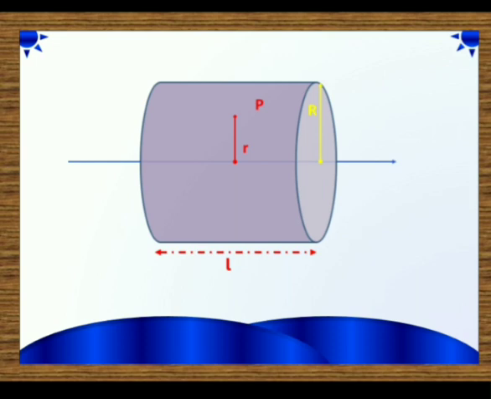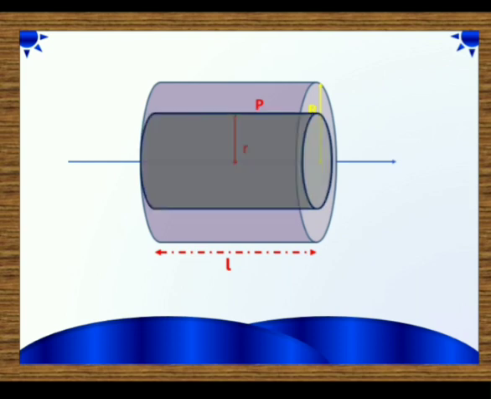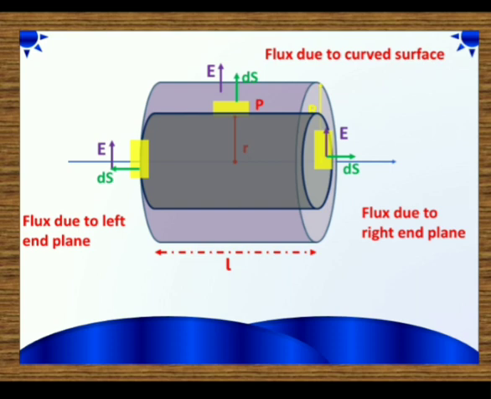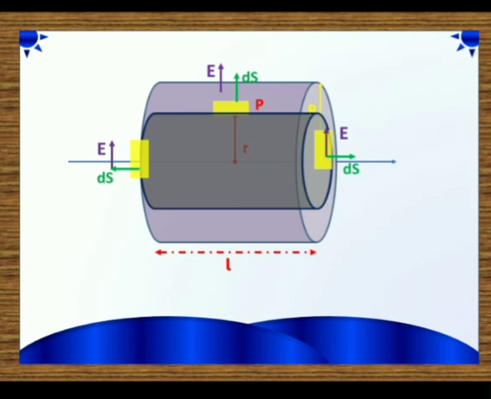Now to find the electric field, I have to draw a Gaussian surface. It looks like this, right? Again I have to take 3 surfaces: curved one, left and right hand. Same thing, theta becomes 0 for the curved one and left and right hand become 90 degrees. I have to find the flux for the 3 surfaces, right?